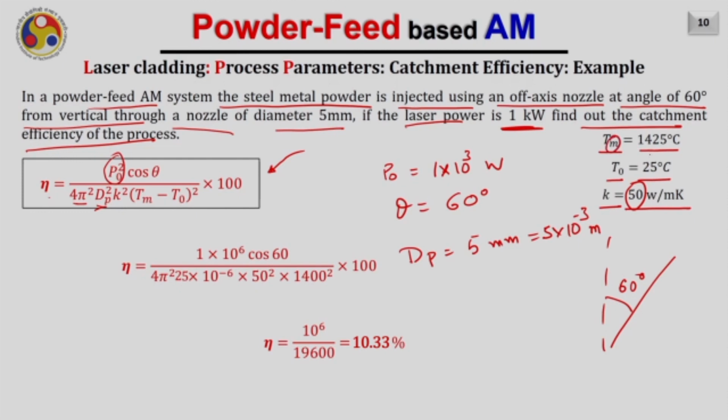I know Tm and T naught as well. After putting all these parameters in, I find that the catchment efficiency comes to around 10%.